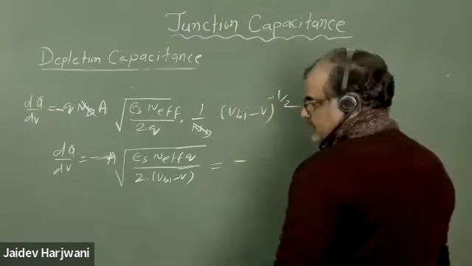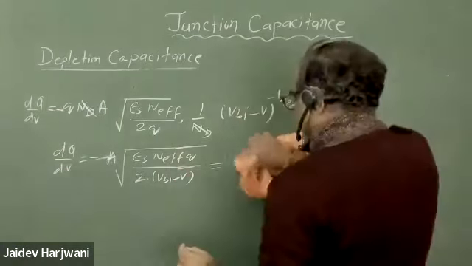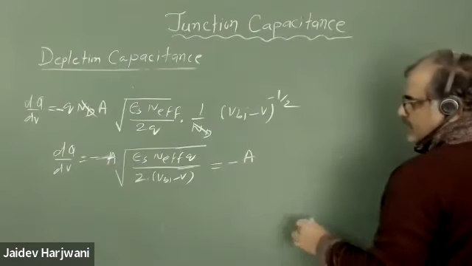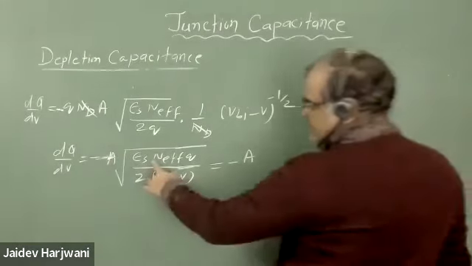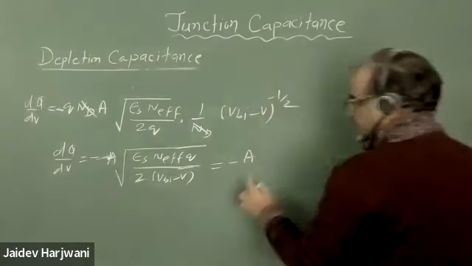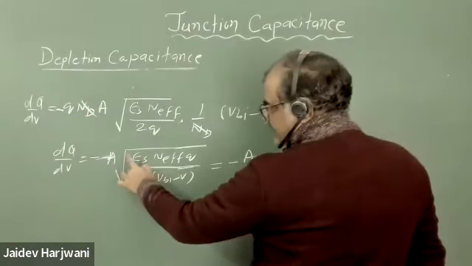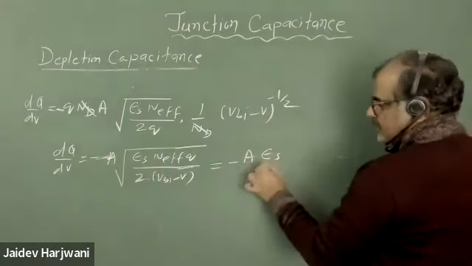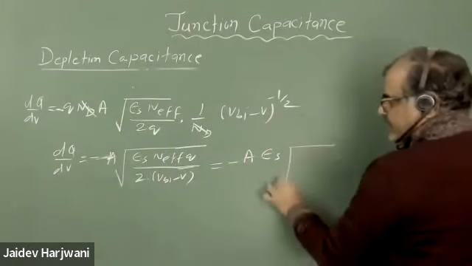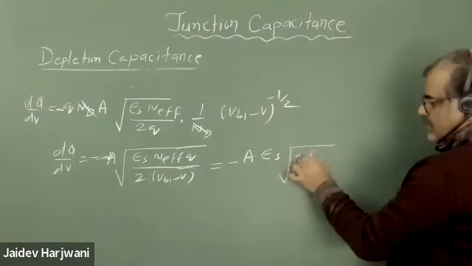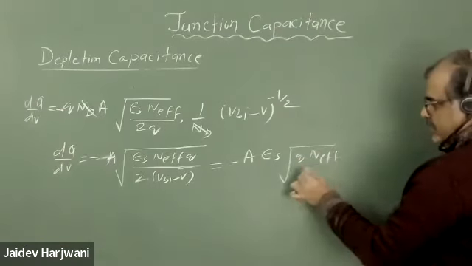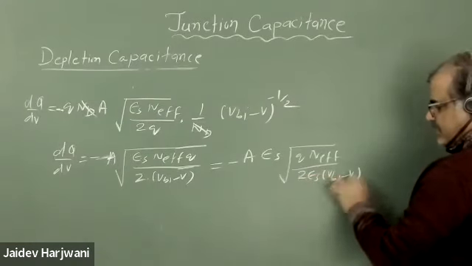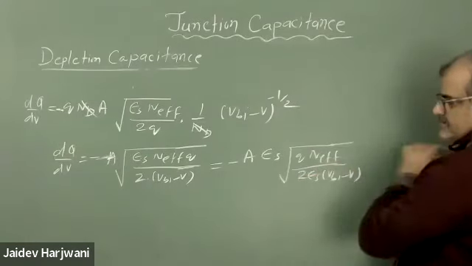Now you have minus A, and you multiply this here by ε_s and divide by ε_s. If I multiply under root inside, ε_s becomes ε_s squared, so I can bring ε_s outside. And under root, I can write q N effective, 2 ε_s (V_bi minus V). Can I write like this?